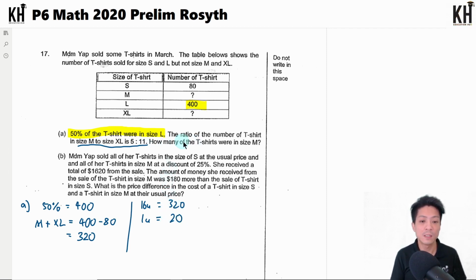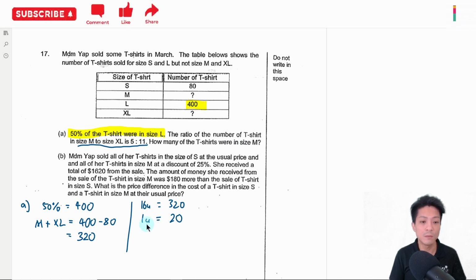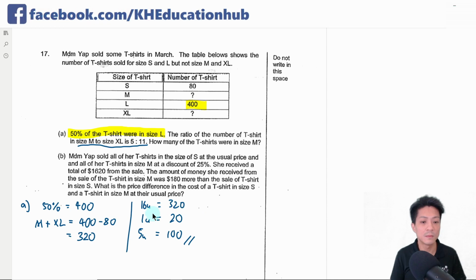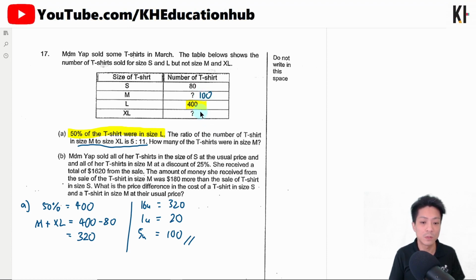Since the question is asking how many of the t-shirts were in M, and M is 5 units, 5 units will be 100. So let's write this down first, 100, and I'm also going to write down 220 for XL, just in case we need it.